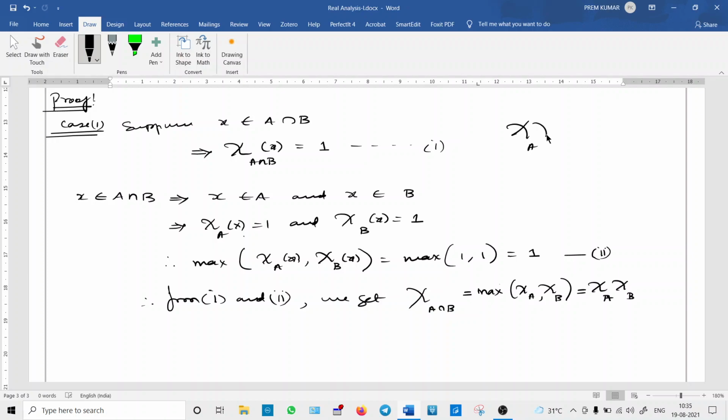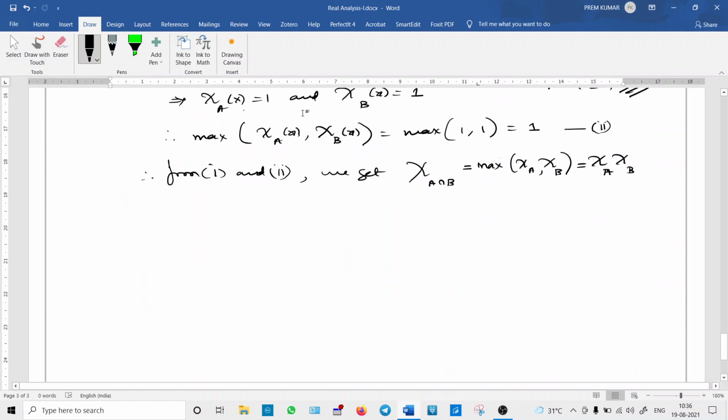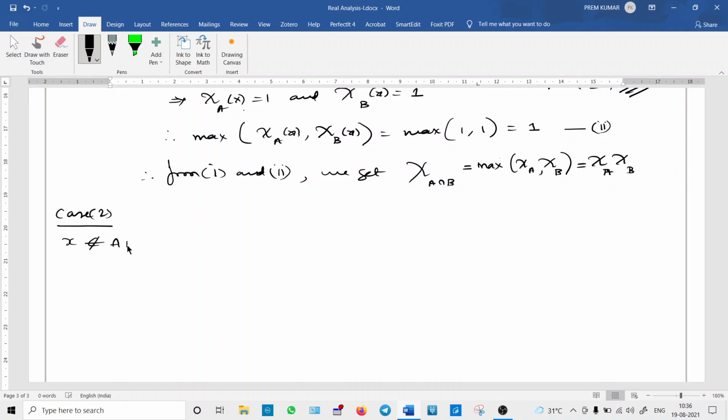We define chi A into chi B at x as chi A of x into chi B of x. For this case, this is 1 into 1 equals 1. So this is also 1. So we have proved the result for case 1, that is when x belongs to A intersection B. Now what is case 2? When x does not belong to A intersection B.